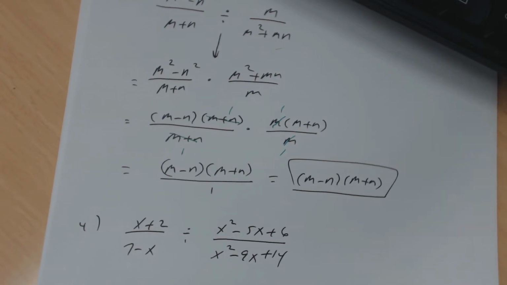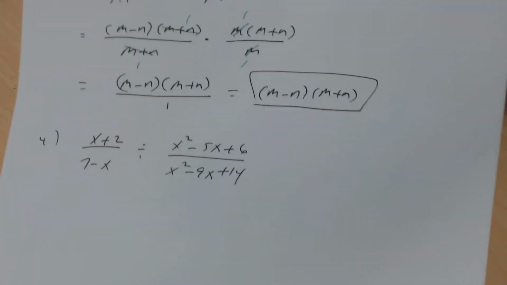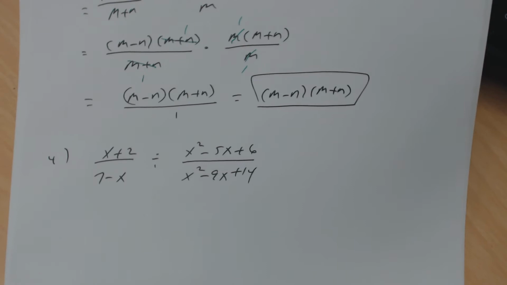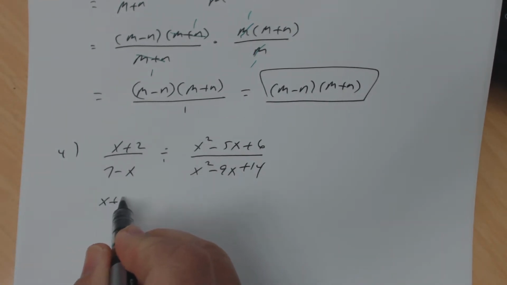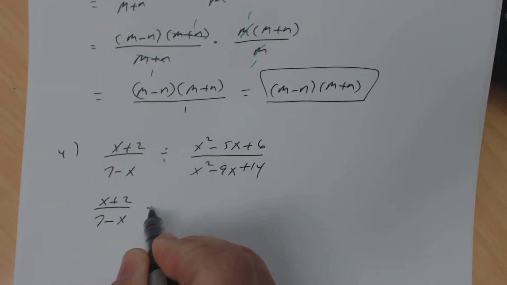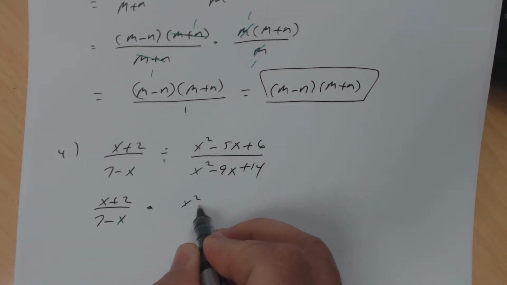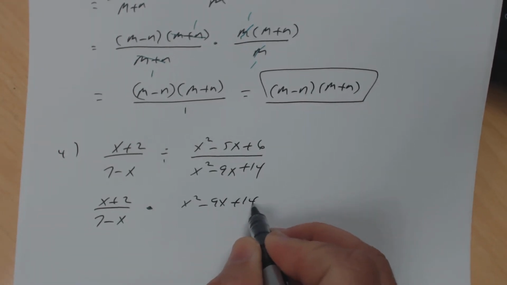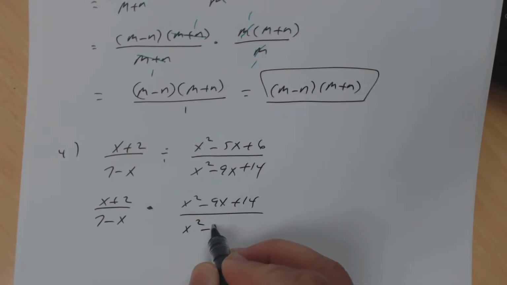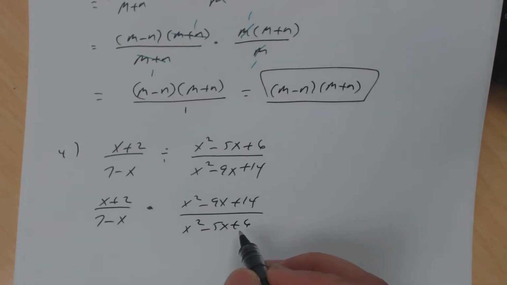All right, so change this to multiplication. So I'm going to get x plus 2 divided by 7 minus x times the reciprocal of this, so that's x squared minus 9x plus 14 divided by x squared minus 5x plus 6.